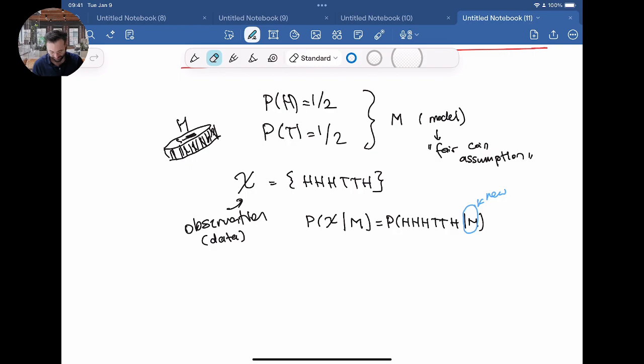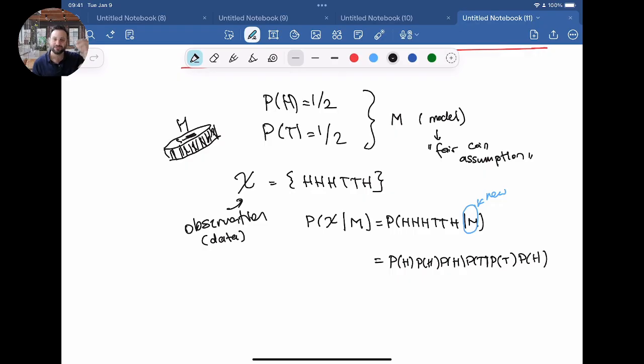Now I can write this as the probability of head times probability of head times probability of head, probability of tail, probability of tail. Why did I take such a long sequence? I could have proved my point with a very short one. But anyway, another tail and probability of head.